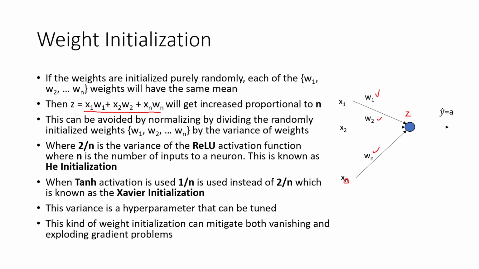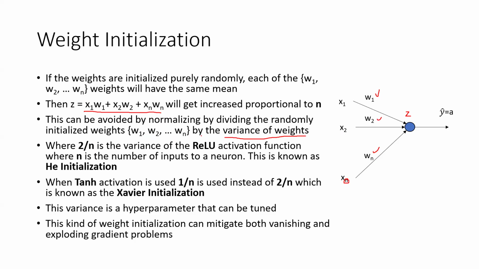So what we can do is reduce the total weight of this Z value by scaling the variance of the weights.